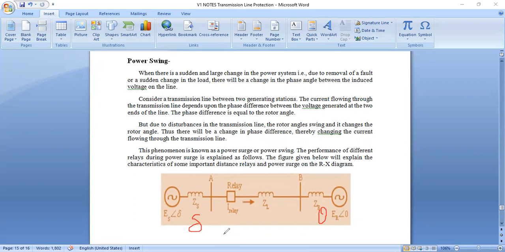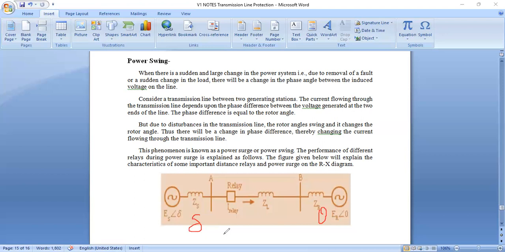This happens due to a sudden change in the load, failures, faults, or switching action. But the power swing is many times temporary and the system soon re-establishes stability. The impedance relay should be able to distinguish between the power swing condition and the fault condition.